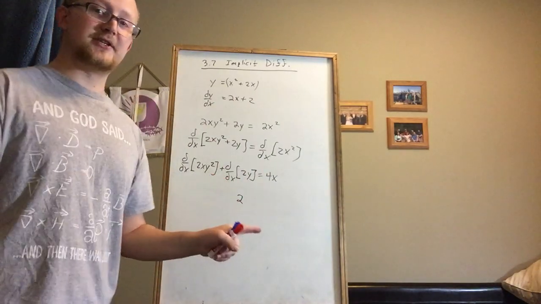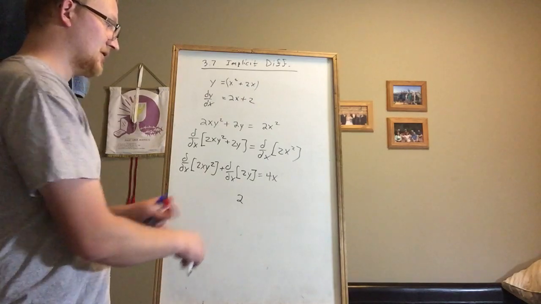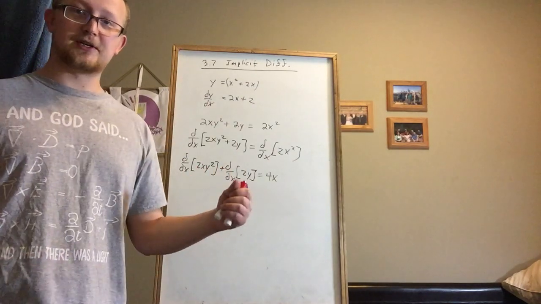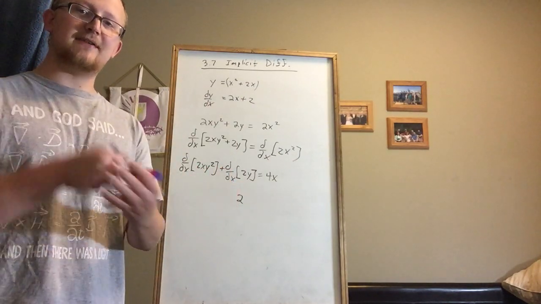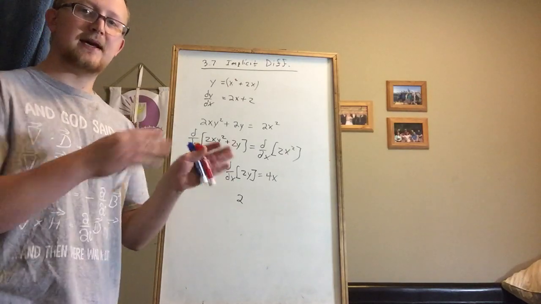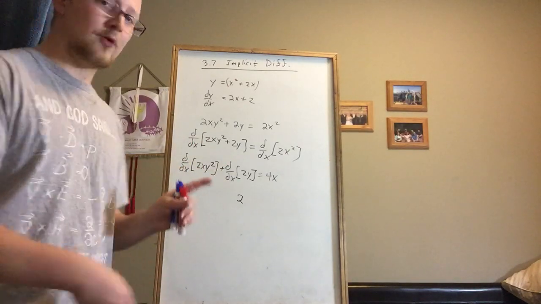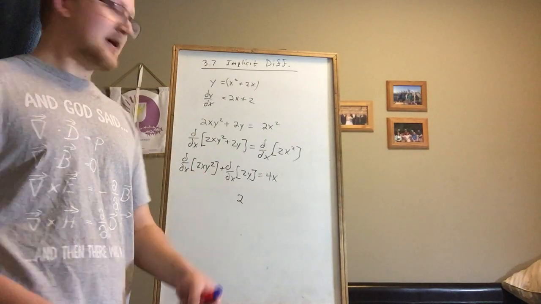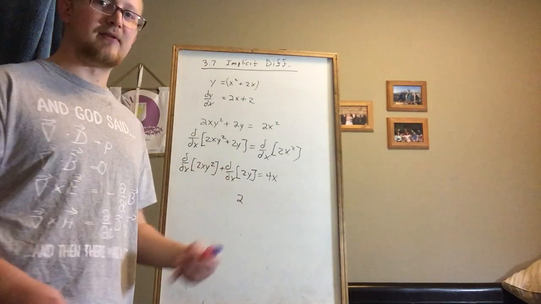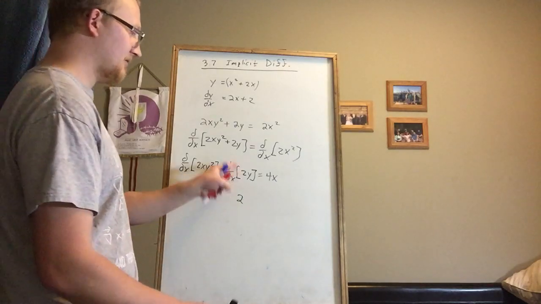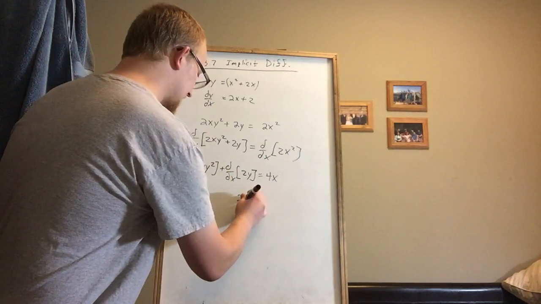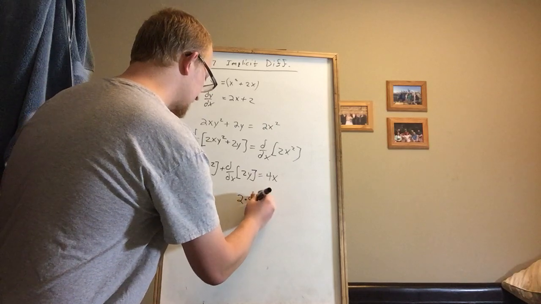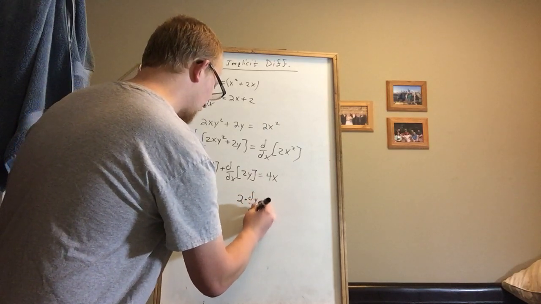So we have to apply the chain rule here, because we just took the derivative of the outer function, 2y, but there's actually information pertaining to x inside the function y, and according to the chain rule, that means that we have to take the derivative of the inner function and multiply it on to the derivative of the outer function. So the derivative of the outer function is 2 times the derivative of the inner function, which is just dy dx.